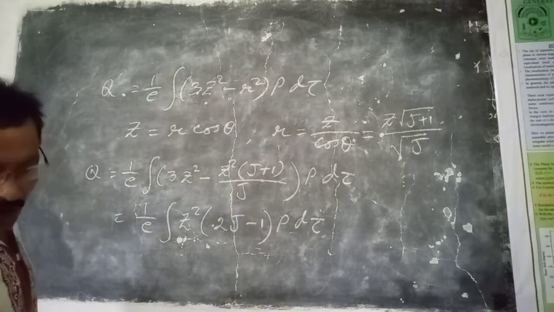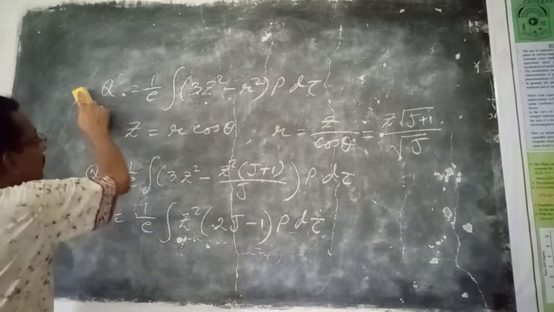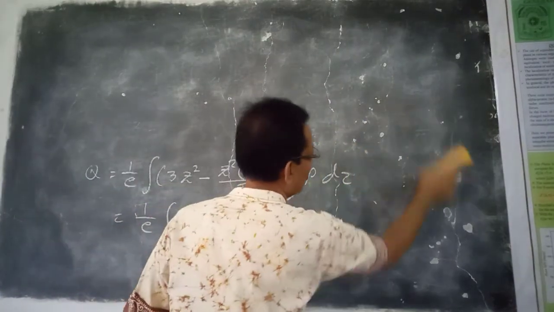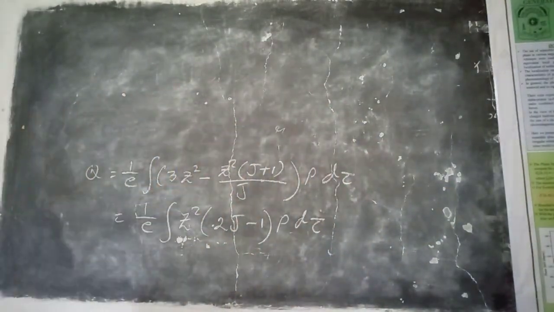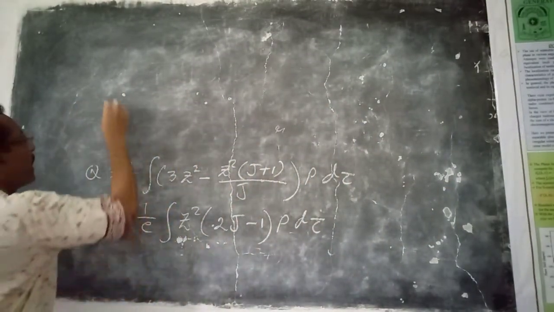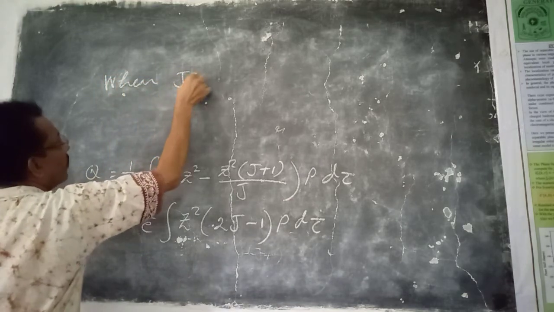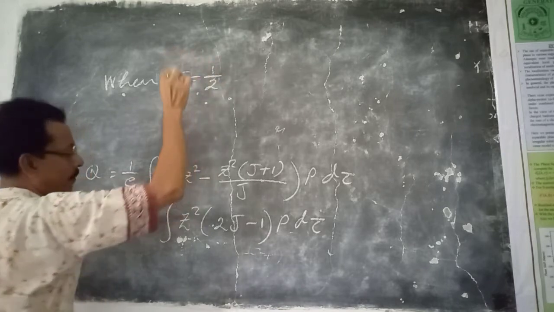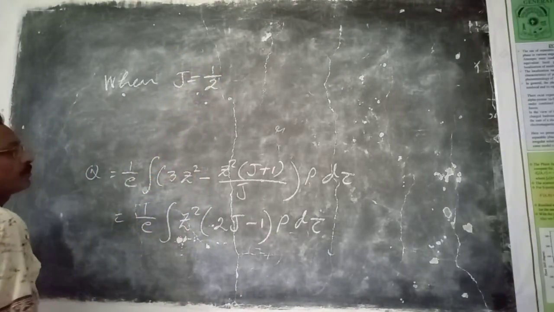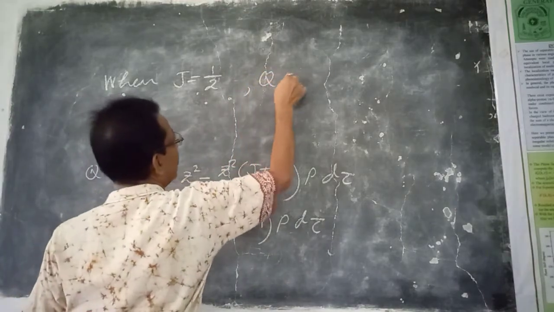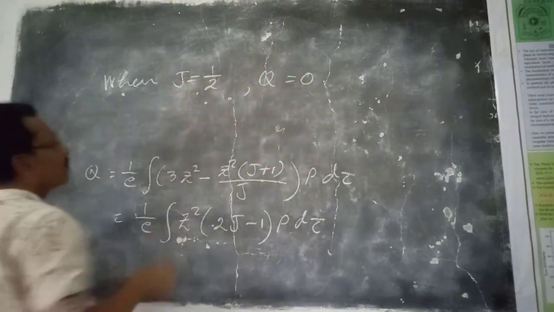When J is equal to half, then what will happen? From this equation, when J is equal to half, then also you get Q is equal to 0.